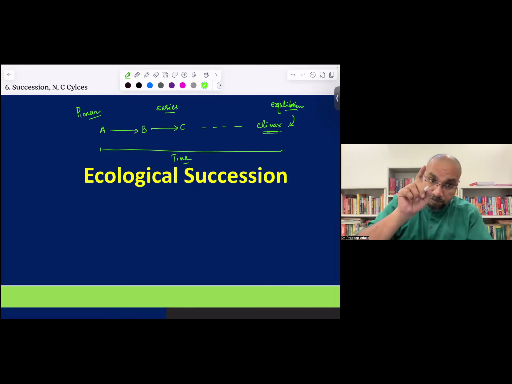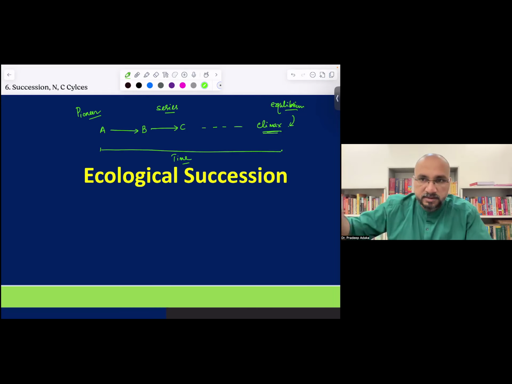So it is the process of rebuilding of an ecosystem, where the species composition will change over a period of time, and it will happen in a series of steps, and ultimately you will have a climax species which is in equilibrium with the environment. कुछ समझ में आया?